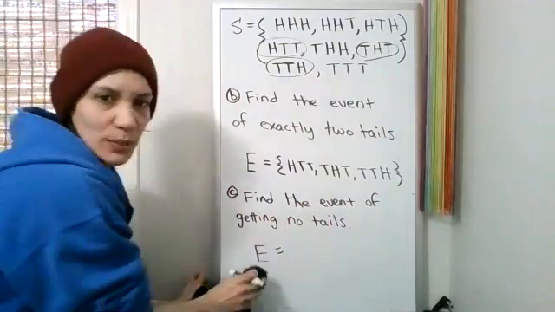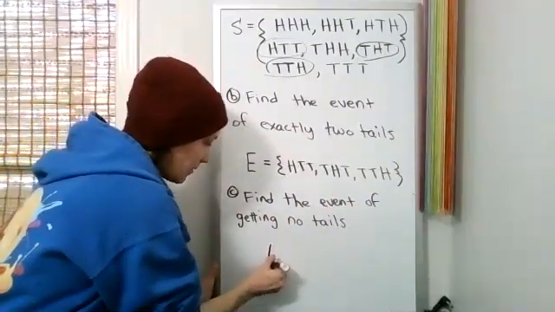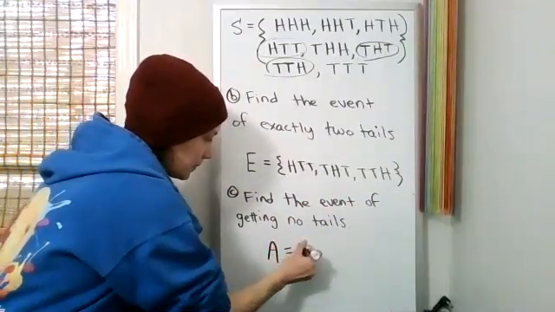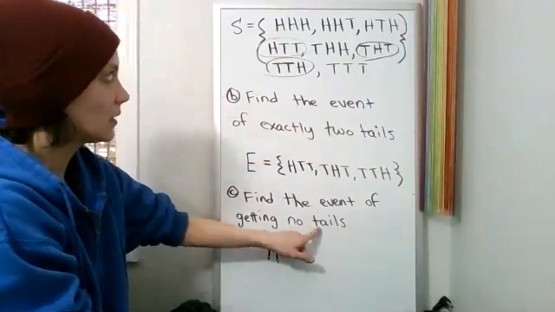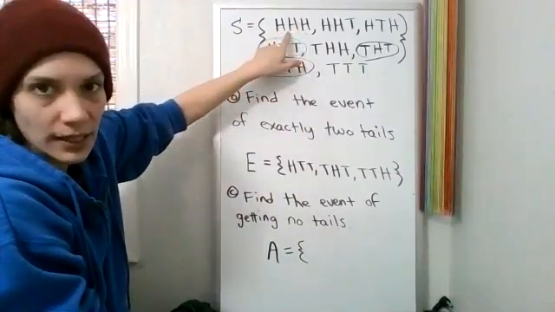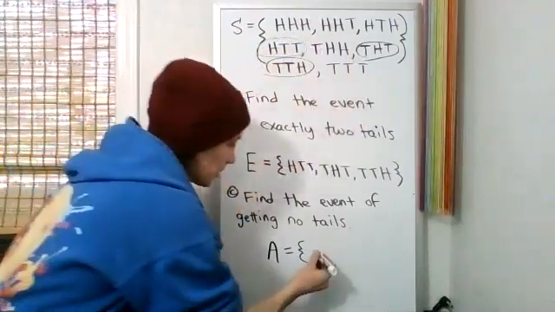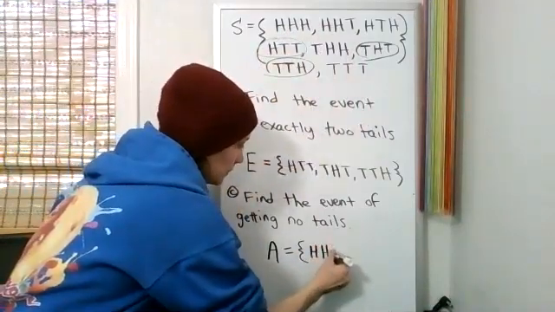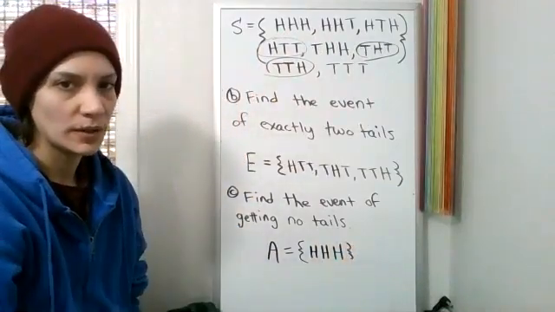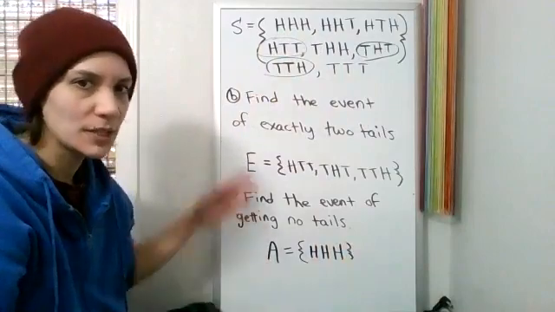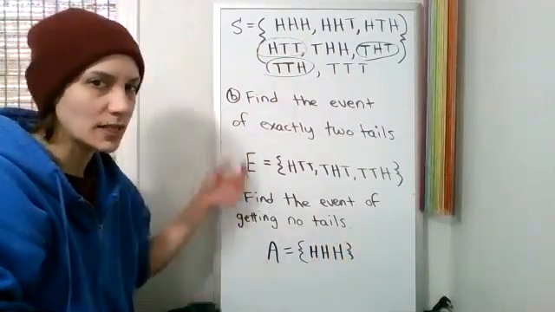Let's call it capital A. We'll say event A is the set, no tails. That's only right here. Heads, heads, heads is the only place where there's not a T involved. So if it were homework or a test and you want to call it E, that's fine. But just because I've already got a set called E, I just called it A to show that it's different.